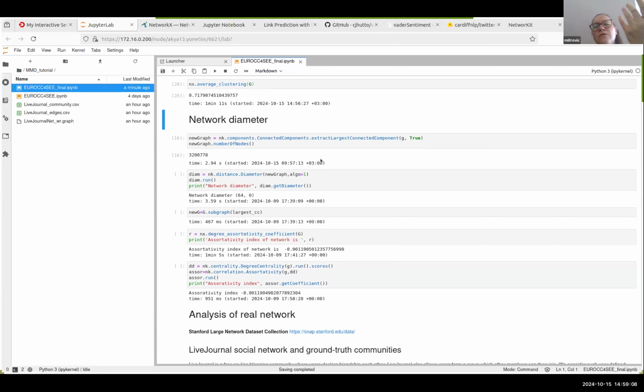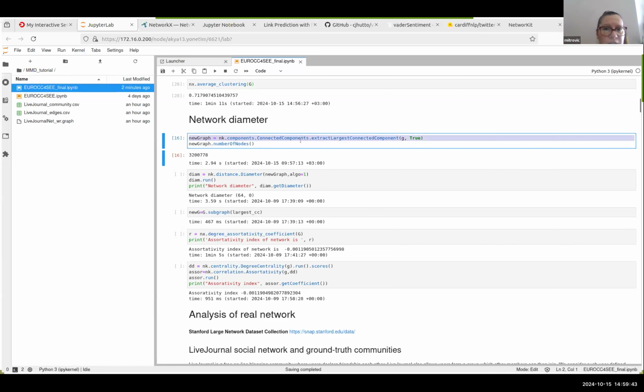Many of the social networks, technological networks, and biological networks are usually networks of relatively small diameter. So this means that you can have really large networks with diameters that are quite low. And for these reasons, we want to see whether our network is a so-called small world network or not.